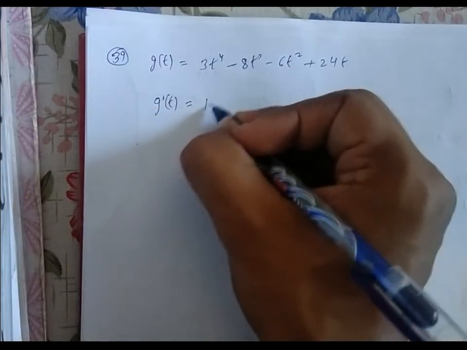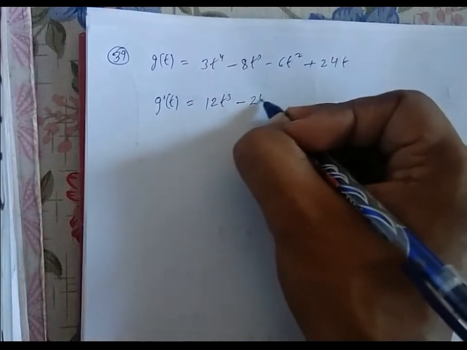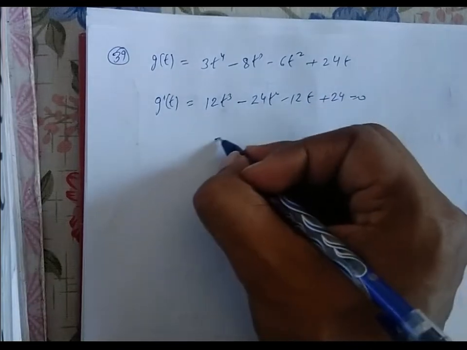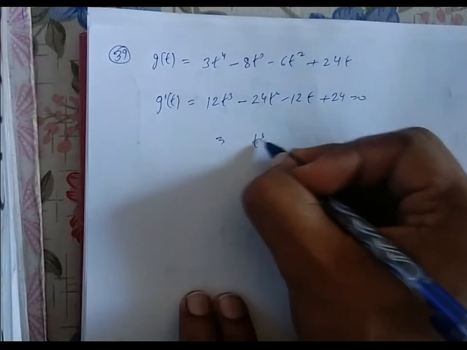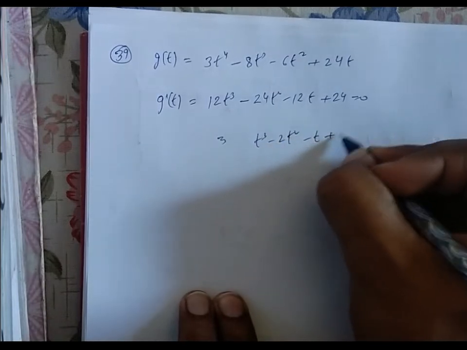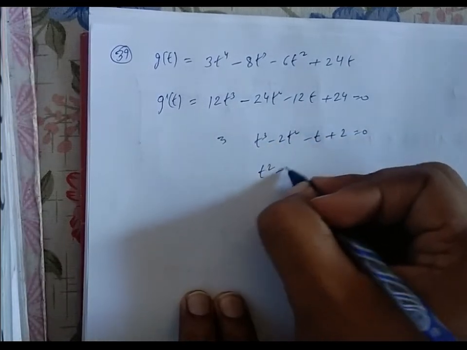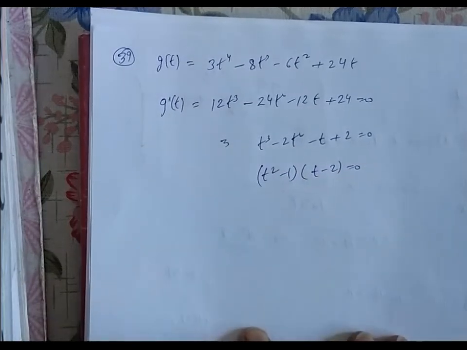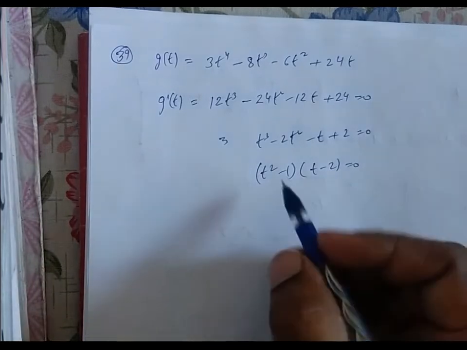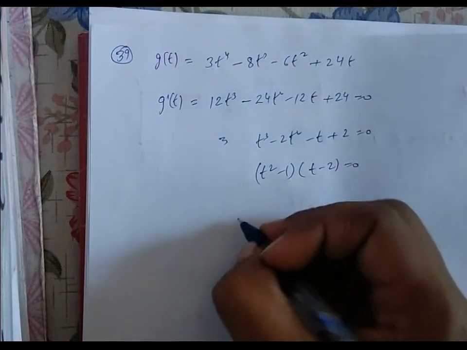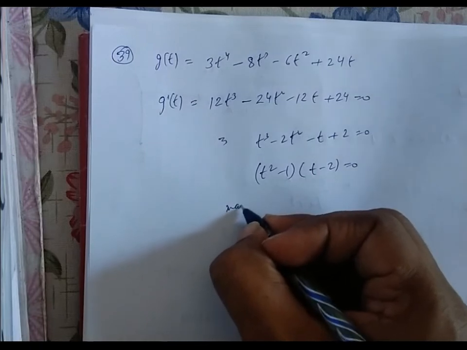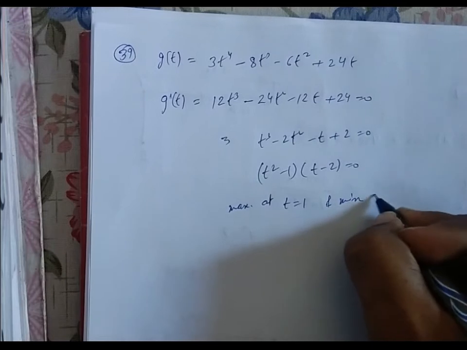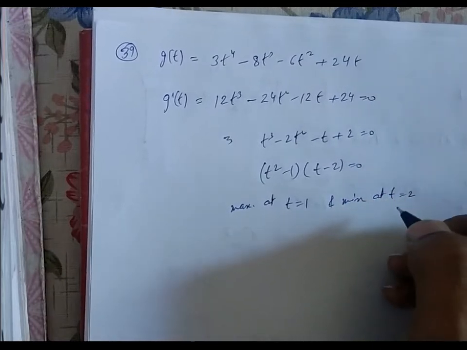G dash t will be equal to 12t cube minus 24t square minus 12t plus 24 is equal to 0. Okay, so t square minus 1 and t minus 2 is equal to 0. So we can easily calculate it will have a maxima at t is equal to 1 and minima at t is equal to 2.